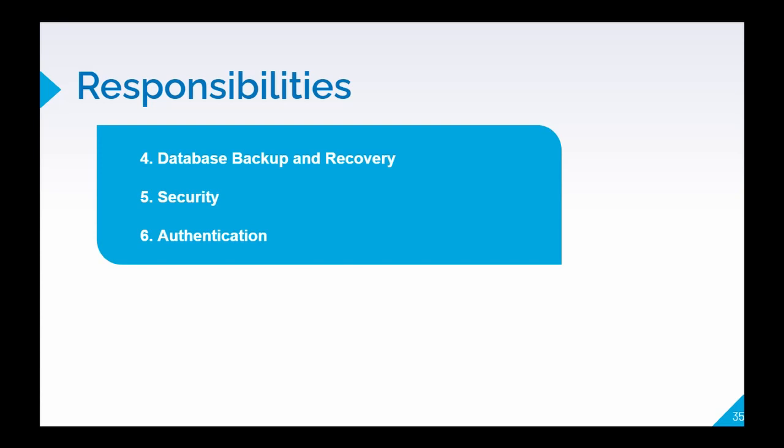And then lastly, you have authentication. Setting up employee access is an important aspect of database security. So who can access this particular data? The DBA controls who accesses and what type of access they are allowed.